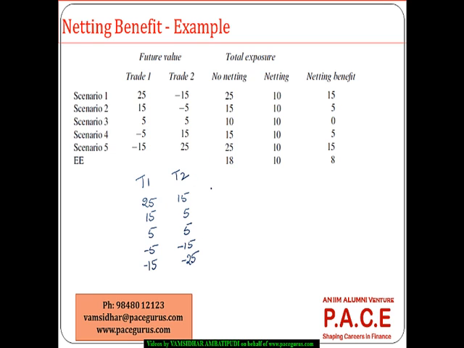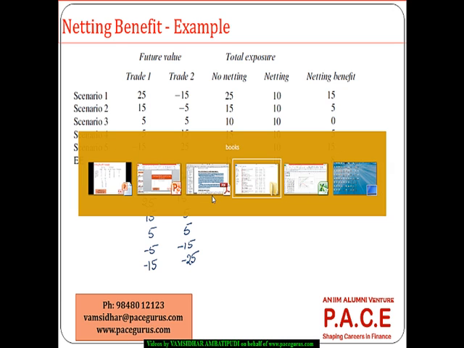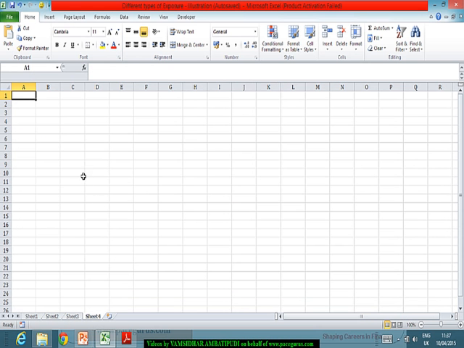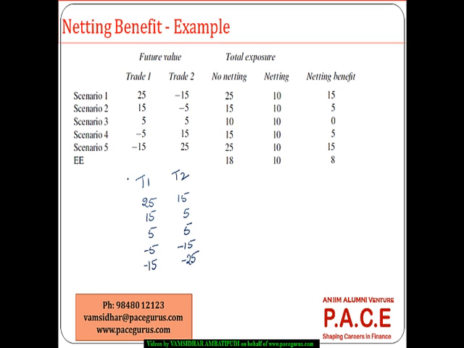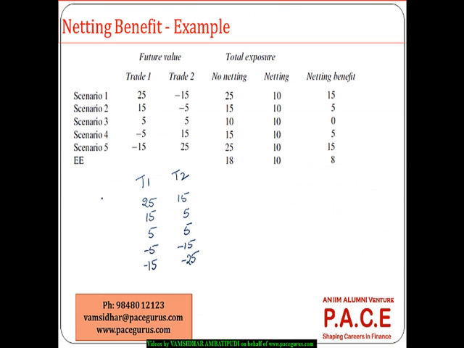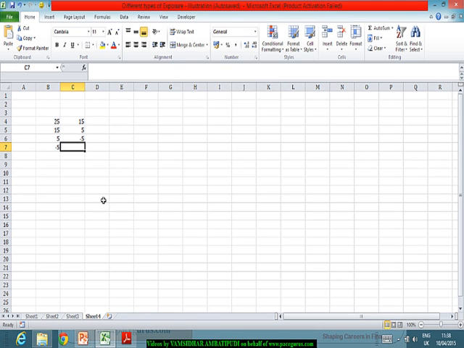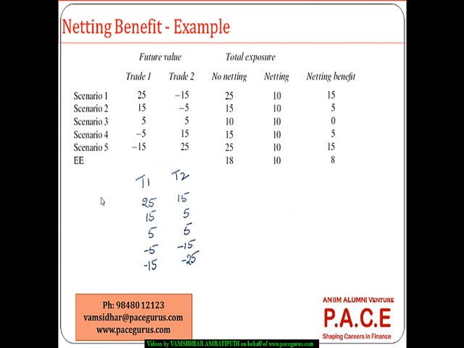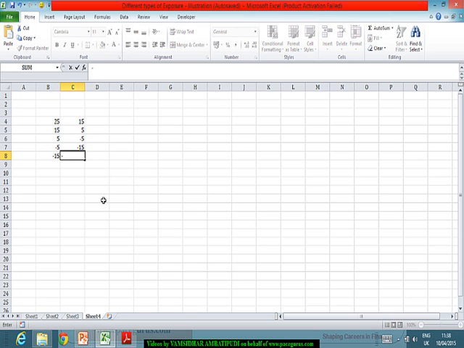Now let me see what is the correlation that is existing between them, just for the sake of understanding. Let me take 25, 15. Then I'll look at 15, 5, 5, 5, or probably let me take it as 5, minus 5 otherwise. Okay, one of them, let me take 5, minus 5, minus 5, minus 15, and then I have minus 15, minus 25.